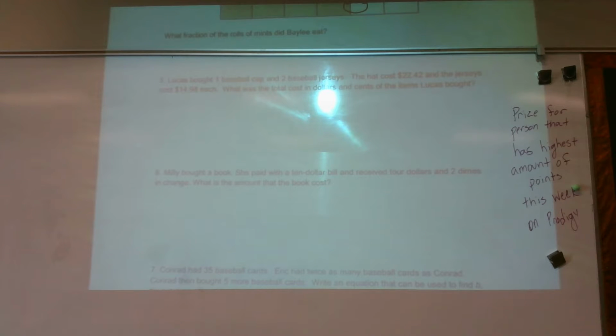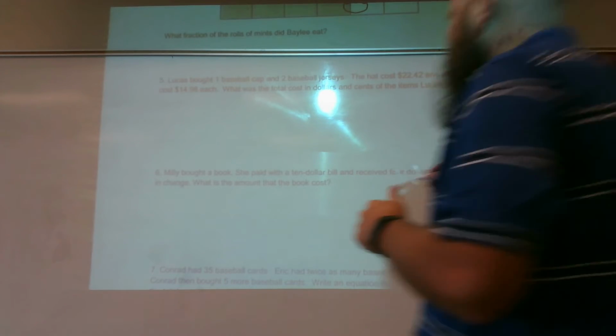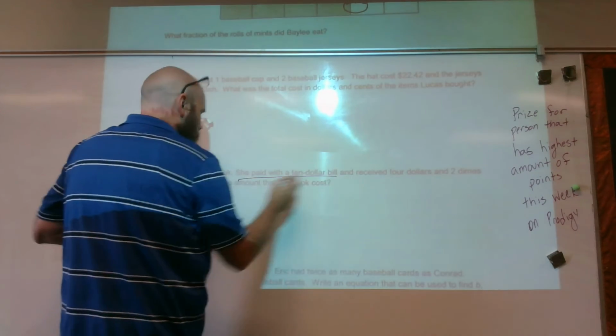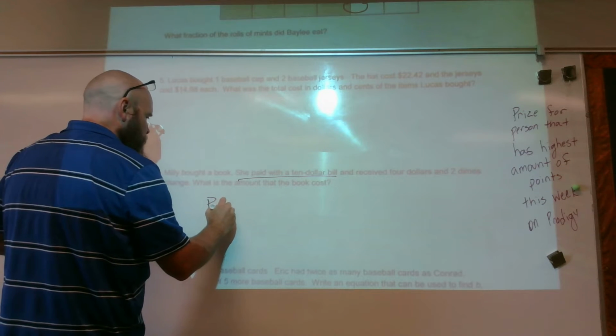Oh, this problem was missed by a lot of you, and I don't know why. Millie bought a book. She paid with a $10 bill and received $4.02 in change. What is the amount that the book cost? Okay, so she paid with a $10 bill.